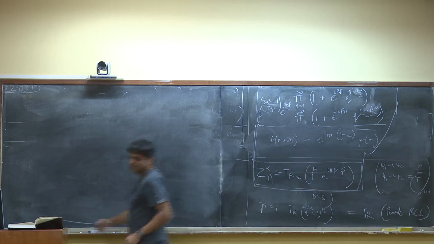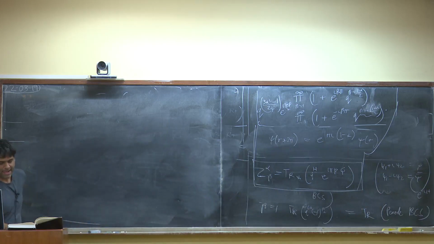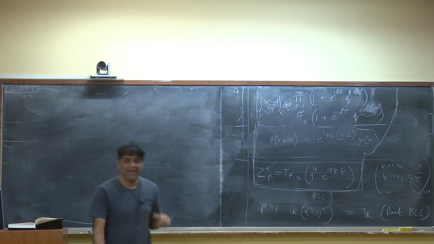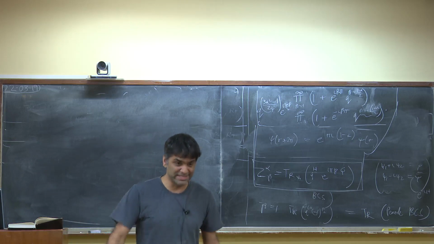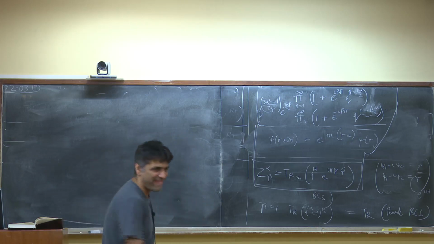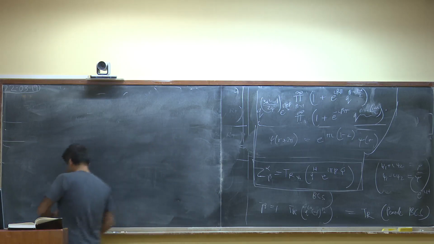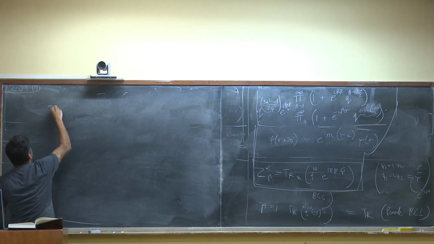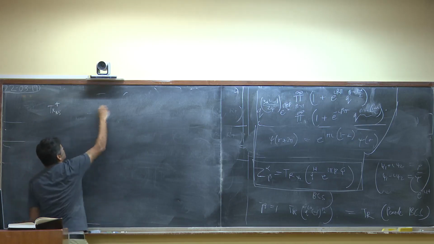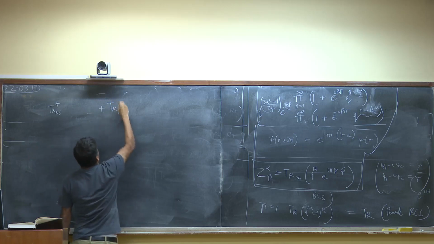So now the next question is, what was our type 2 partition function in terms of all of these Z's? First, there was trace in the NS plus trace in, let's say, the Ramond plus.